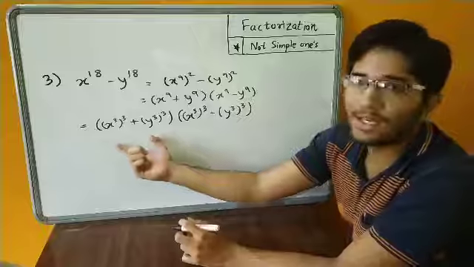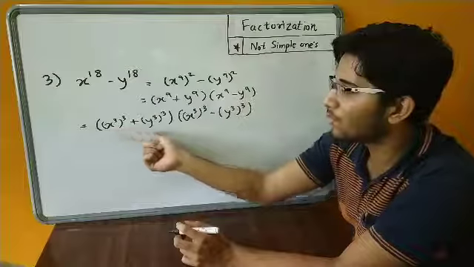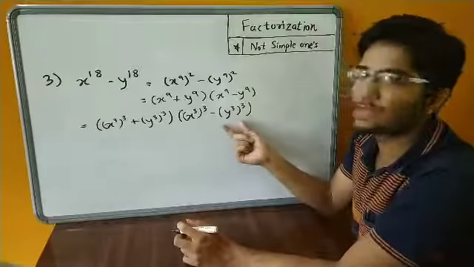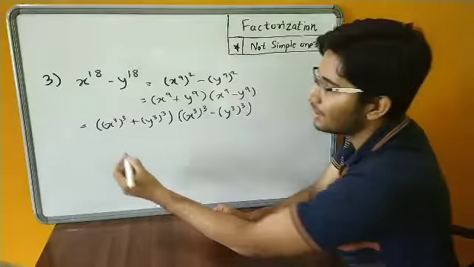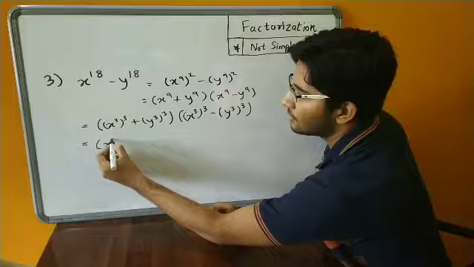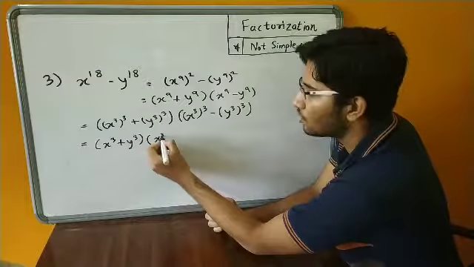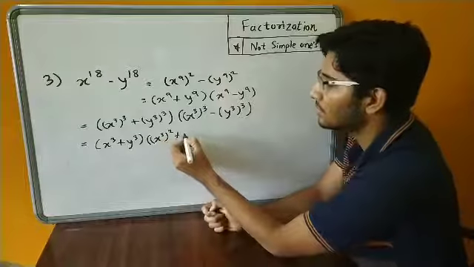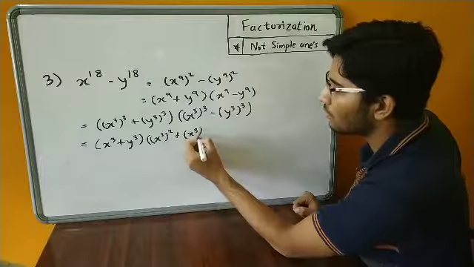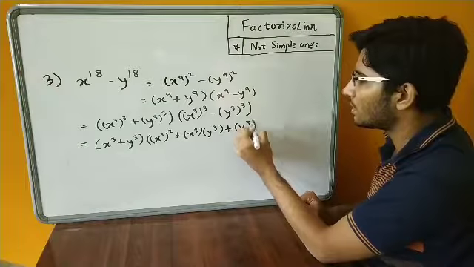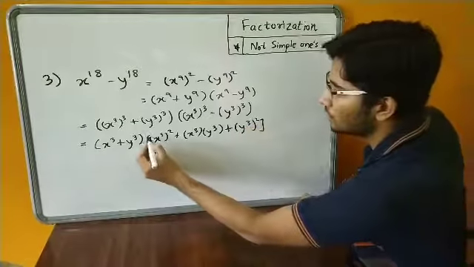Again in the first bracket we can use the formula for a cube plus b cube, and in the second bracket we can use the formula for a cube minus b cube. So for the first part we can write x cube plus y cube into x cube square plus x cube y cube plus y cube square, and bracket close.